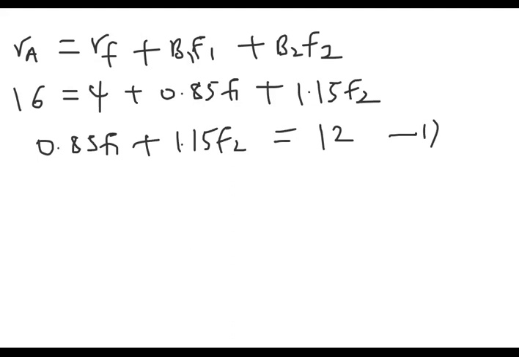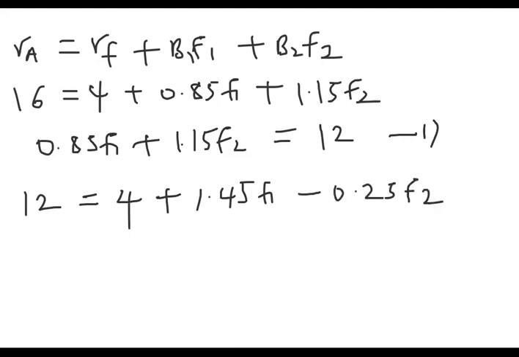Now let's go to the return on B. The return on B, which is also 12, equals RF, which is 4, plus beta 1, which is 1.45, multiplied by factor 1, minus 0.25 multiplied by factor 2.